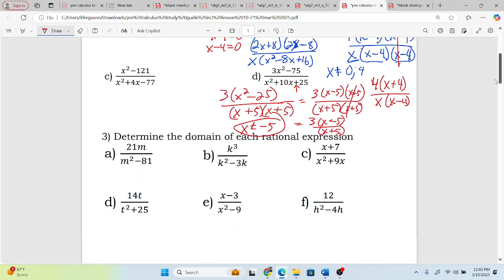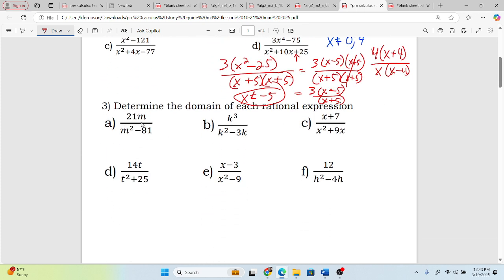All right. Now, determine the domain for each rational expression. What I'm doing is setting each of the denominators to 0 and then solving. So m squared minus 81 equals 0.